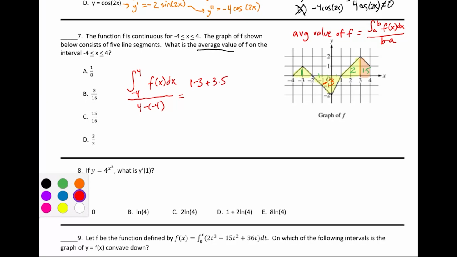So let's see, that'd be 4.5 minus 3, which is 1.5, over 8. So we need to see which one that is equal to. Well, if I multiply both the numerator and the denominator by 2, 1.5 times 2 is 3, and 8 times 2 is 16. So our answer is B.